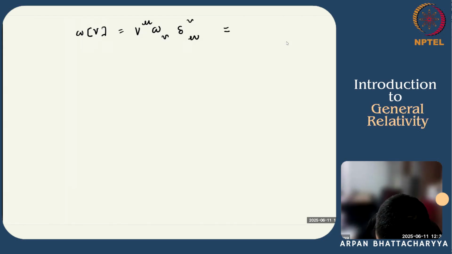Then we can simply get this. Why? Because this is non-vanishing only when mu equals nu. Now we can see that this object does not possess any free index. In fact, the index mu is repeated, which means it is summed over. And this is what we call contracted indices.